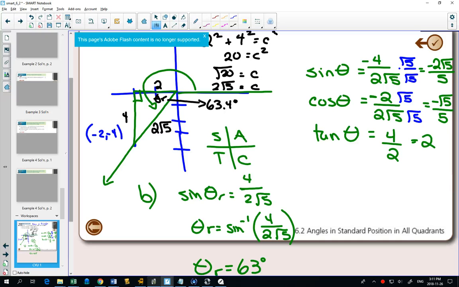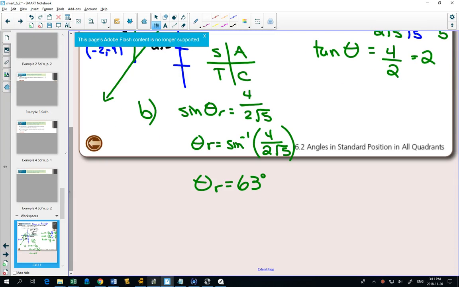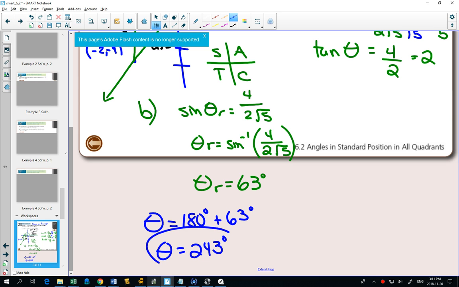If this is 63.4 degrees in the triangle, what's this big angle going to be? It's going to be 180 degrees plus that 63 degrees, which is 243 degrees.